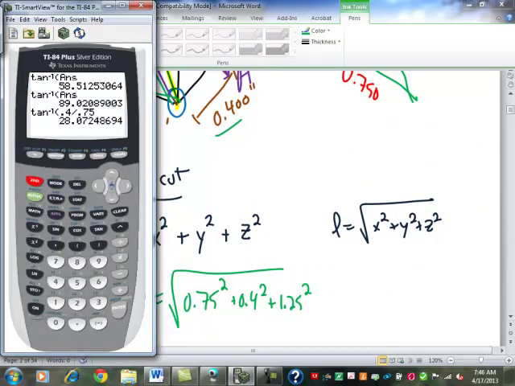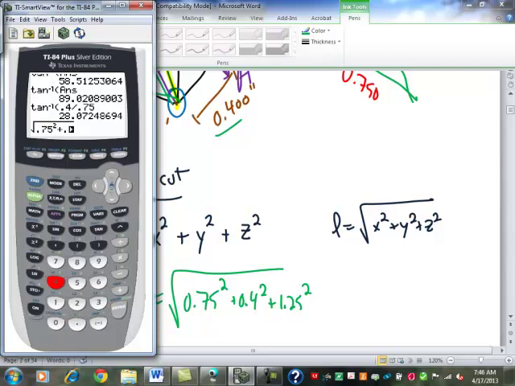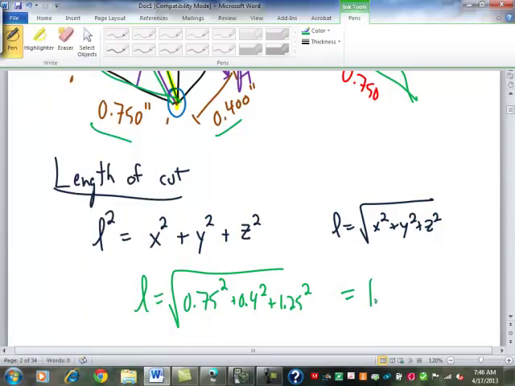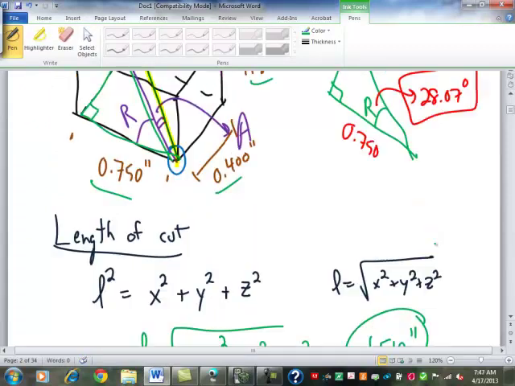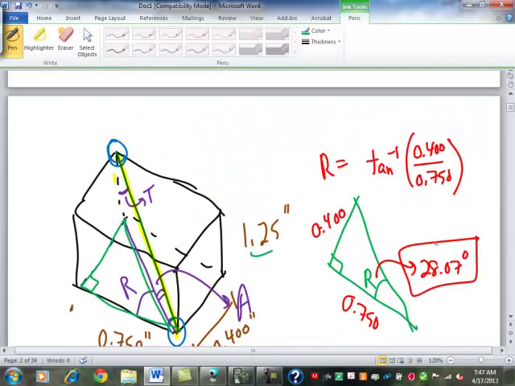So that gives me that my length of cut will be 1.512 inches. So that is how far it is from the entry point up here to the exit point down here. So that's how far this drill has to bore through the material.